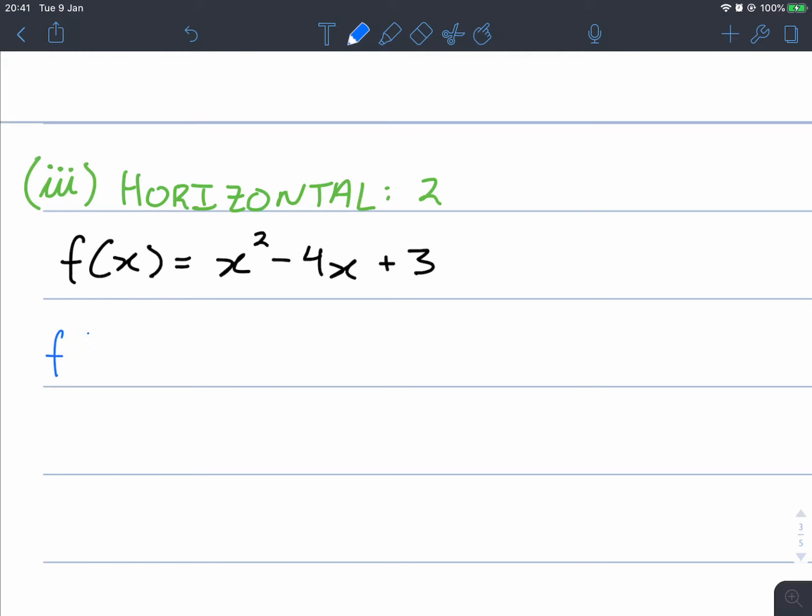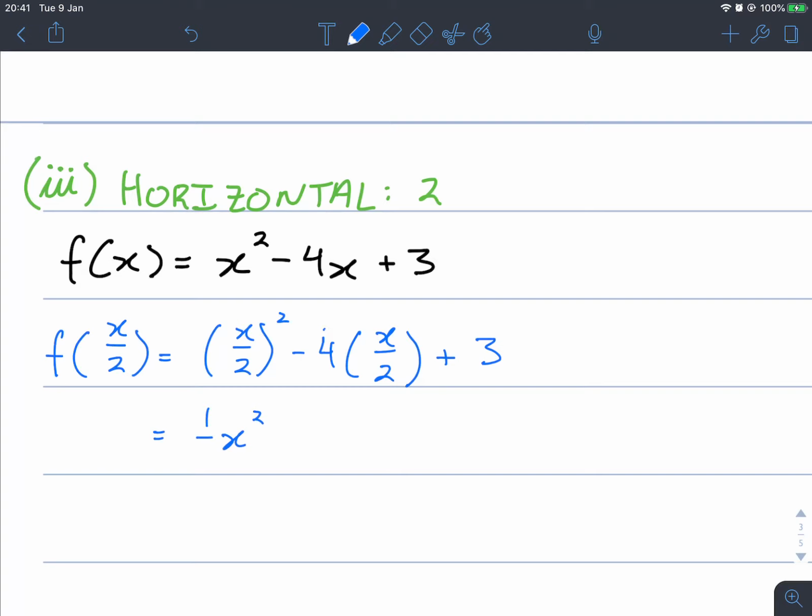So f of x over 2, this will give us x on 2 squared minus 4 x on 2 plus 3. Expanding this, we get x squared with a quarter minus 2x, because 4 and 2 will cancel, giving us 2, plus 3.